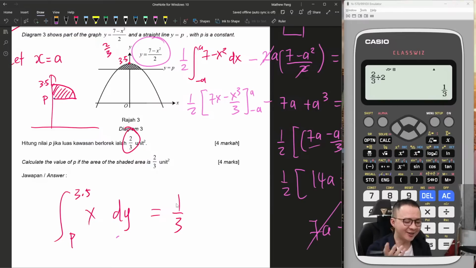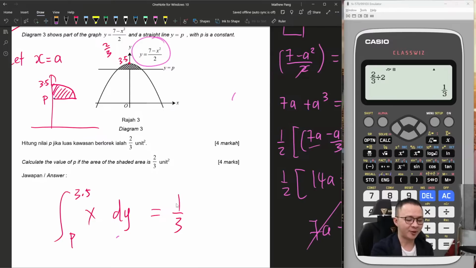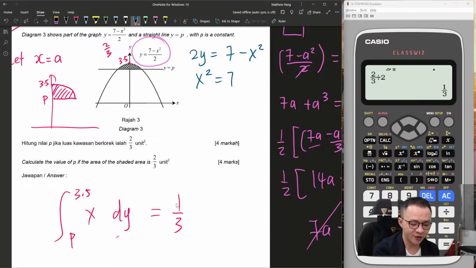Why will this happen? One of the reasons is that it cannot go beyond the y-axis. The second reason is, if I want to make x the subject of this equation, this is what happens. So 2y equals 7 minus x squared. So x squared equals 7 minus 2y. Then x equals plus or minus the square root of 7 minus 2y.